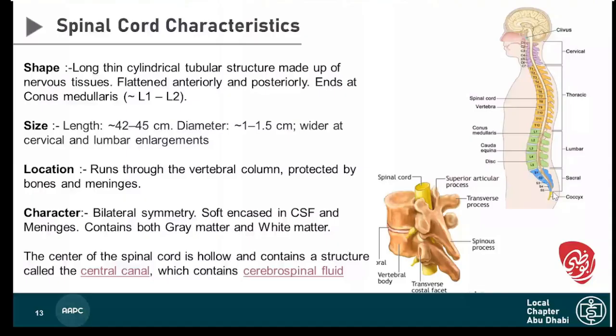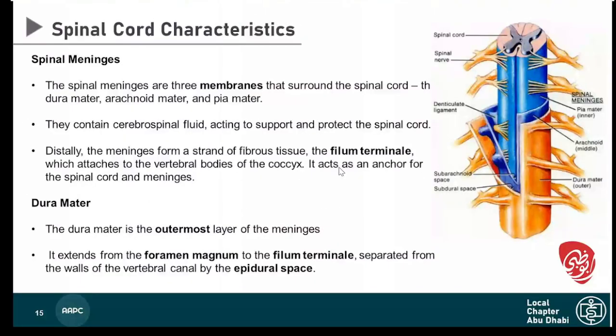Okay, so this dura mater extends from the foramen magnum to the filum terminale, and it is separated from the wall of the vertebral canal by the epidural space.